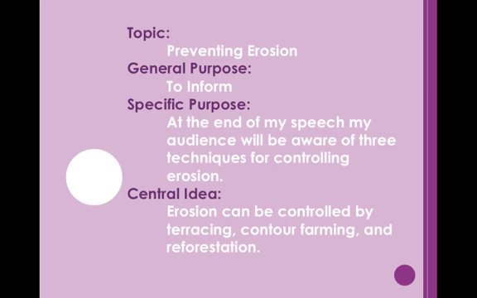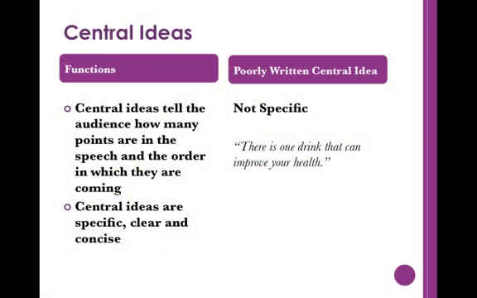Erosion can be controlled by terracing, contour farming, and reforestation. Based on this central idea, we know that the speaker has 3 main points related to preventing erosion. We know what these points are, and we know in what order they will be covered in the speech. Remember, good central ideas are specific, clear, and concise.